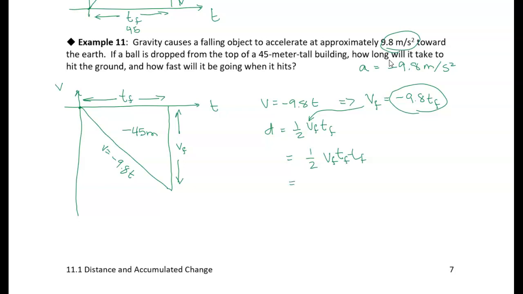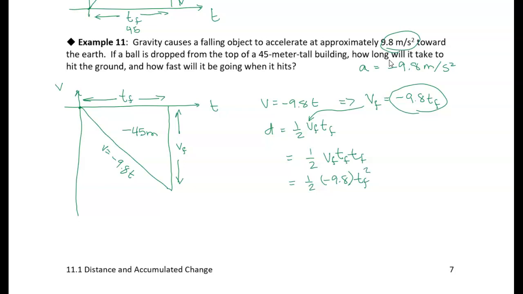So I will get 1/2 times negative 9.8 times t final, but then I'm going to have t final times t final, so t final squared. I can write it that way.